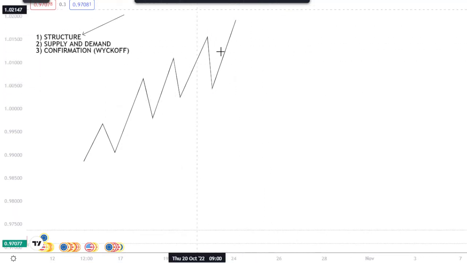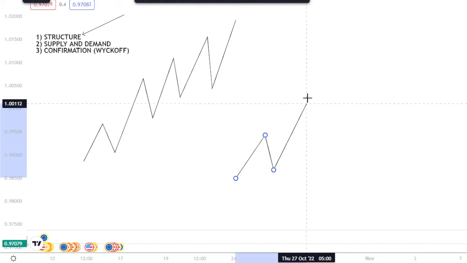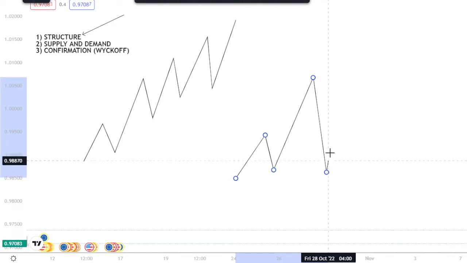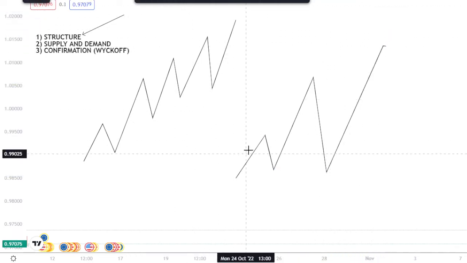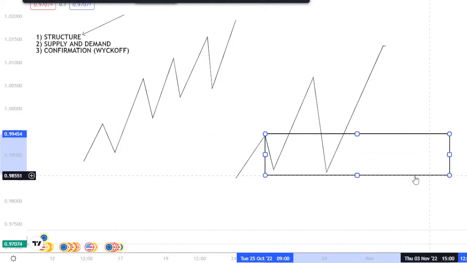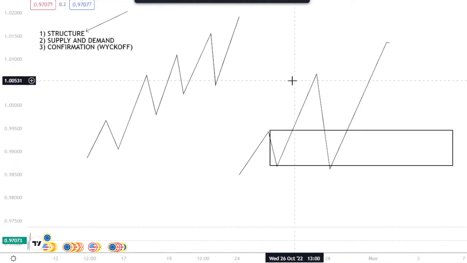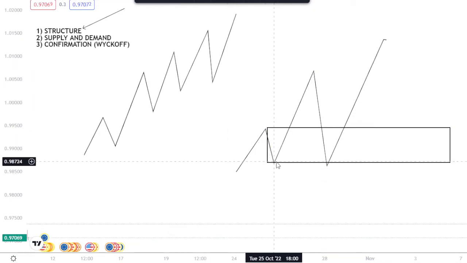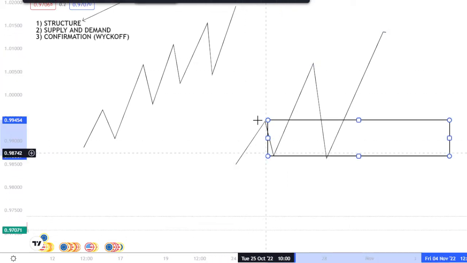We are saying higher highs, higher lows, then the market is coming to break this zone, then it is coming to our demand, breaking the structure again. This is what we call a supply or a demand zone, the last zone before this impulsive move.